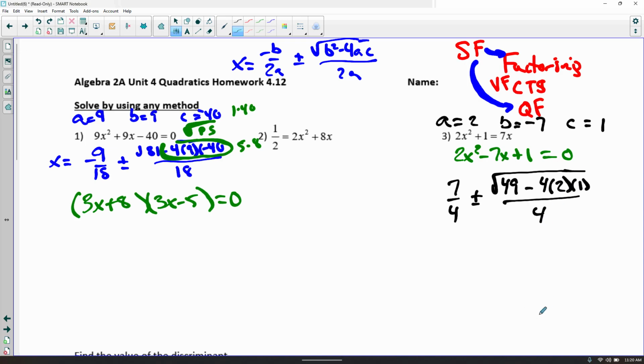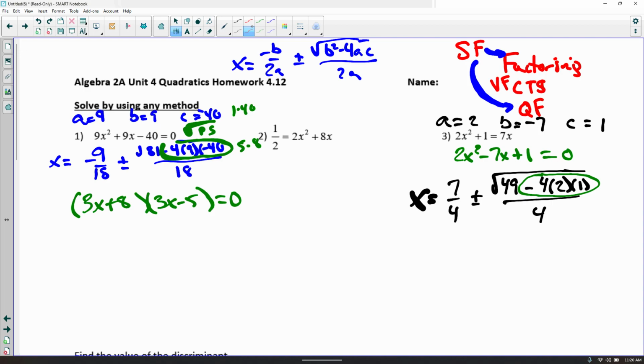Now, Jace, I will tell you, in this case here, I seem to always circle this. Let me explain why I circled that. You guys are horrible at order of operations, that's why, okay?